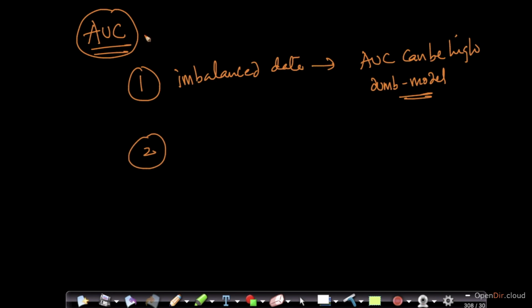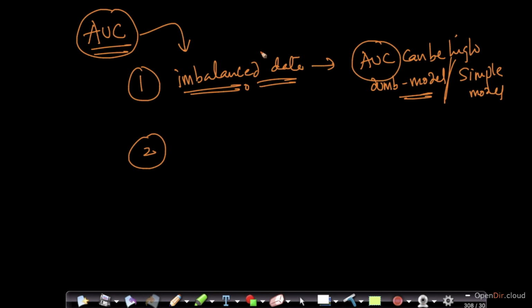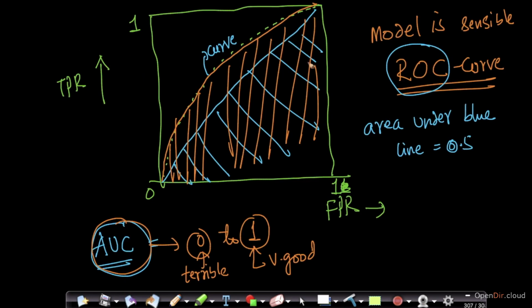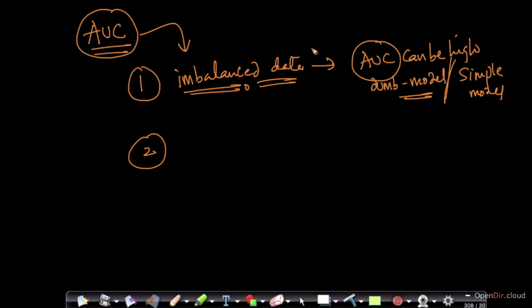So AUC is impacted by imbalanced data. Very, very simple models which are not very useful can have very high AUC if your data is imbalanced. I'm not proving this, but I recommend you to play with this idea and prove it for yourself. It's not very hard, by the way. Okay, that's the first property.